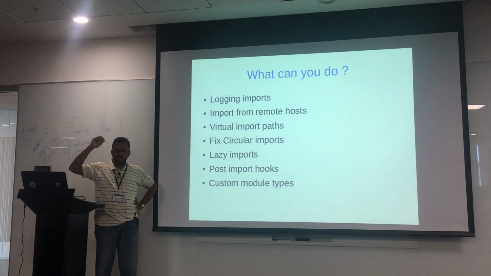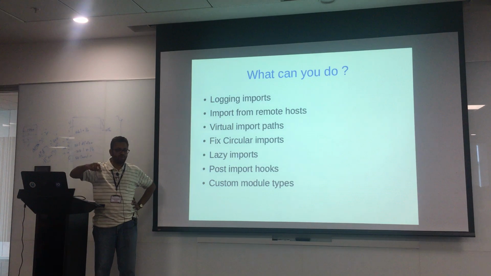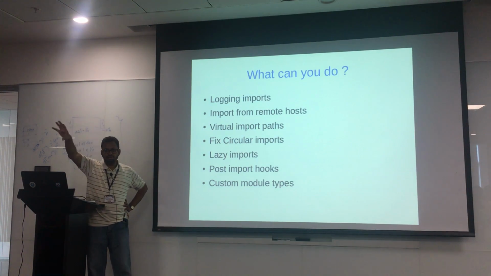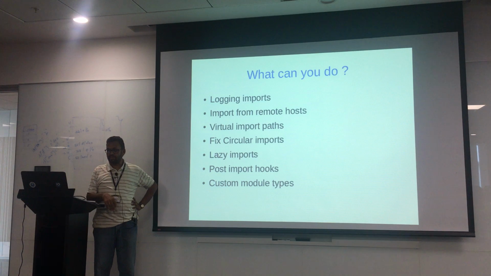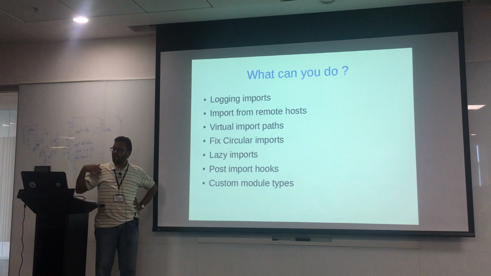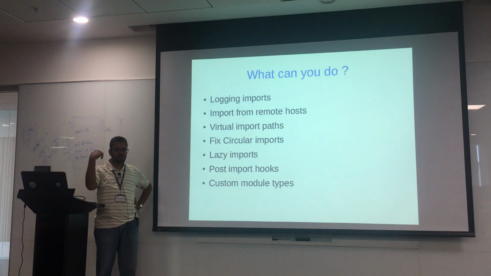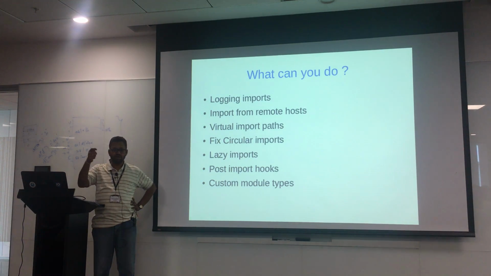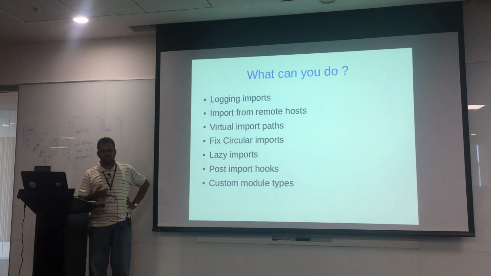I can write my own finder and add it to the meta path finder, and then rather than looking at the default directory structures, you can go to Amazon, look at the S3 bucket, find out if there are modules available there, and bring the module back. It means that you can connect basically to remote machines. Not only remote machines, it could be either cloud or even a remote machine, where something is available somewhere. As long as your finder can go back and find that particular module and can read that Python file and everything. So that is one kind of use case.